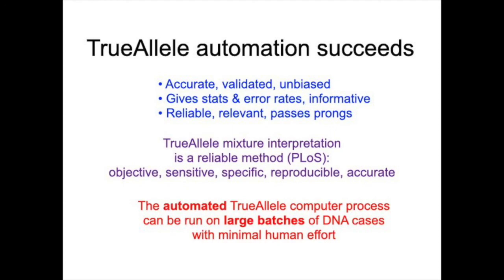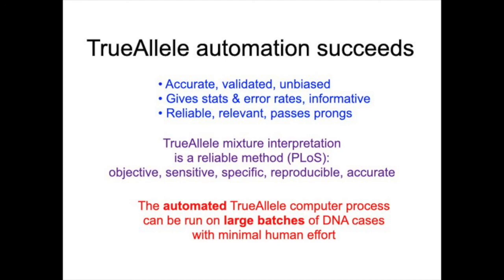And quoting from the Virginia paper, published in PLOS ONE, TrueAllele mixture interpretation is a reliable method. It's objective, sensitive, specific, reproducible, accurate, and it's also more reliable than human review. But this is very important at the bottom. TrueAllele is also automated, unlike anything else I know of out there. We built it to be automated.